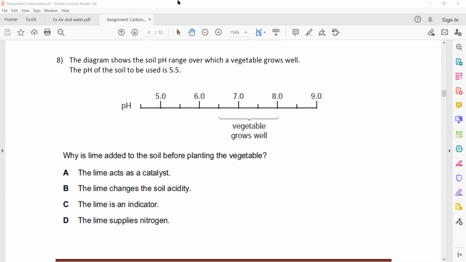So lime changes the soil acidity. It's not a catalyst, it's not an indicator, and it does not supply nitrogen because it does not have nitrogen. So how would it supply nitrogen? So B is the right answer.